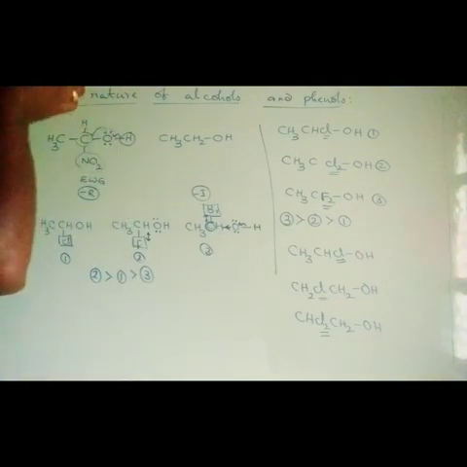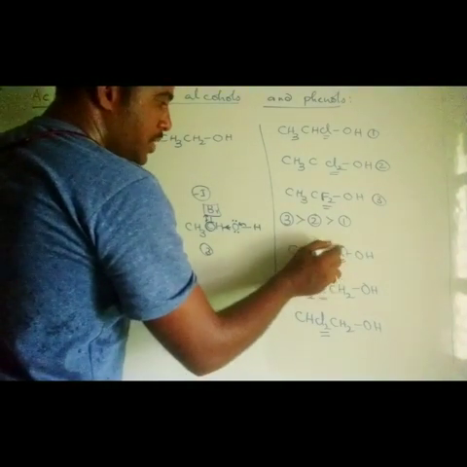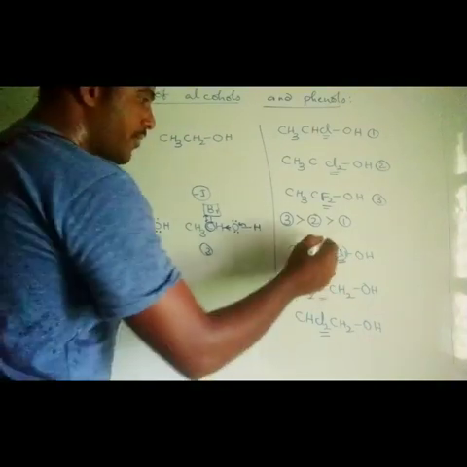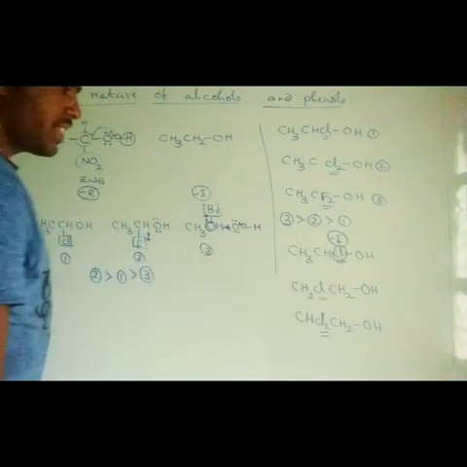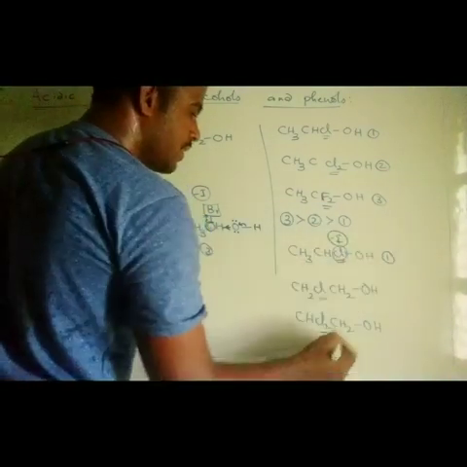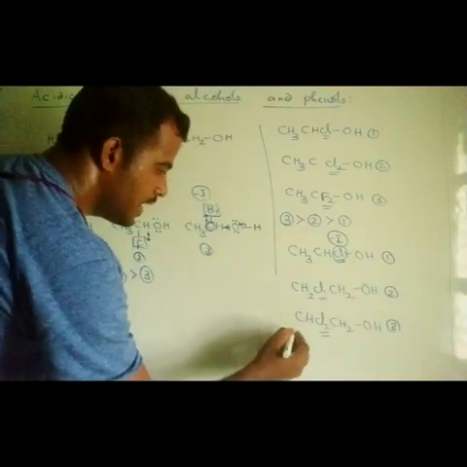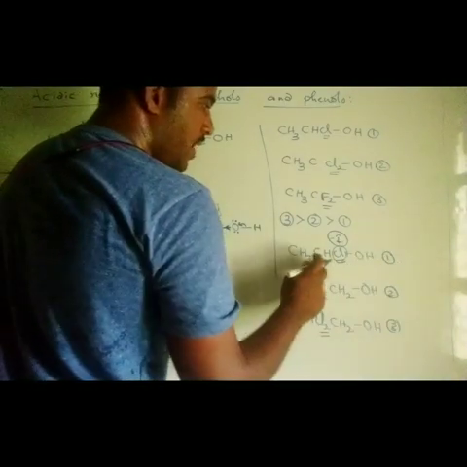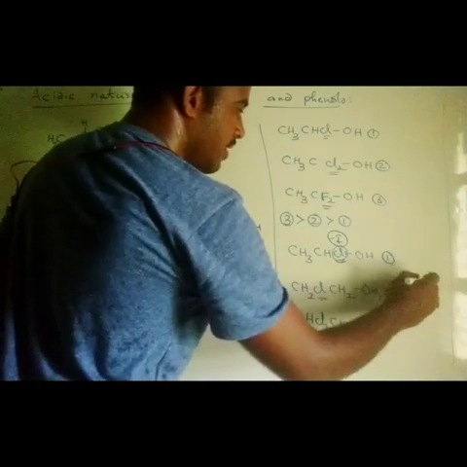So the closer the position of the halogen to the OH linked carbon, the more will be the impact of the negative inductive effect, which causes a greater impact on acidic strength. Based on this, the first compound is expected to have the greater acidic character, and then the third, and then the least is the second.